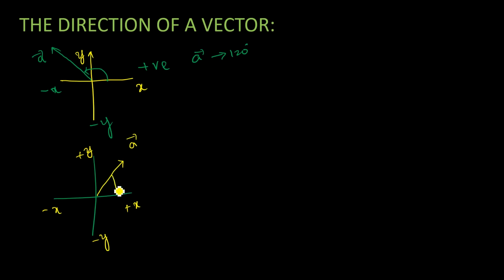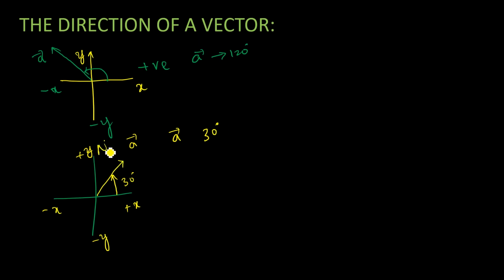If it makes 30 degrees, then we write that the direction of a bar is 30 degrees north of east.